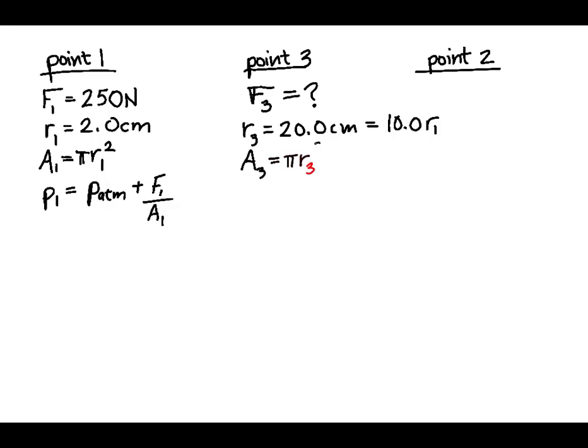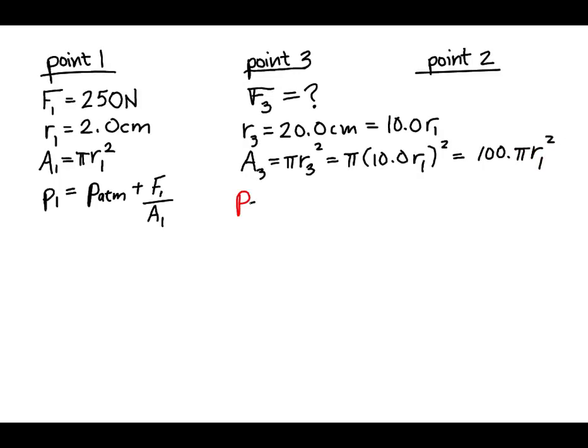A3 is pi R3 squared, which is pi times the quantity 10 R1 squared, or 100 pi R1 squared. The pressure at point 3 is due to atmospheric pressure at that point and the force per area on the large piston at point 3, F3 over A3.